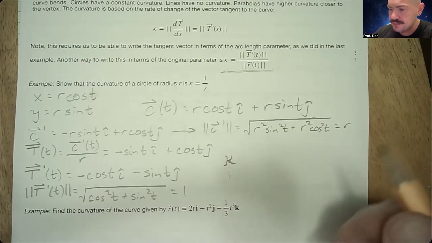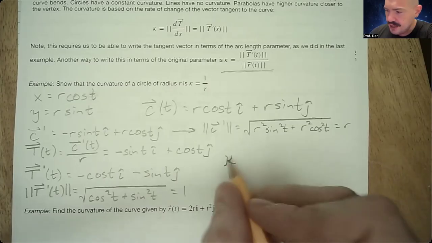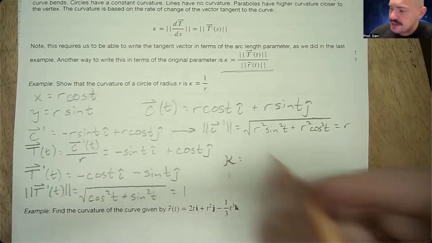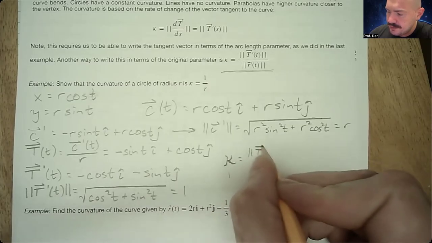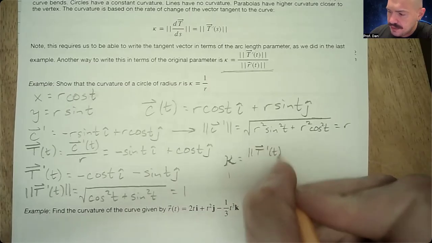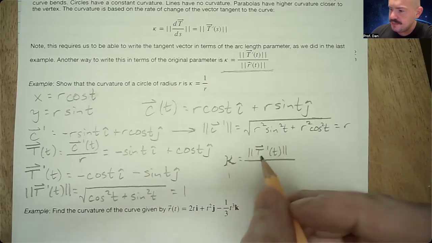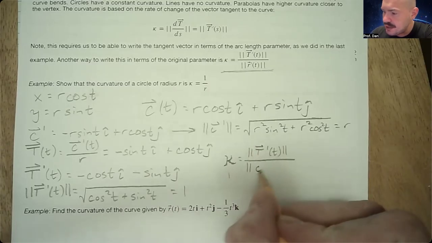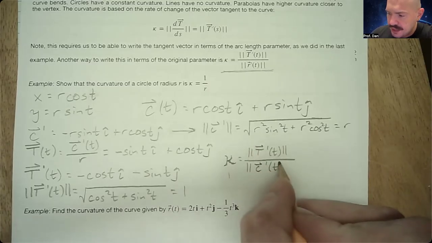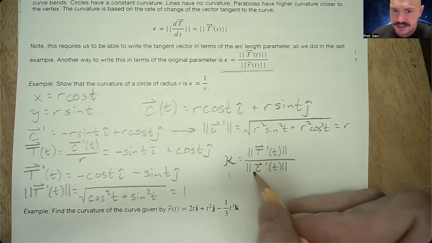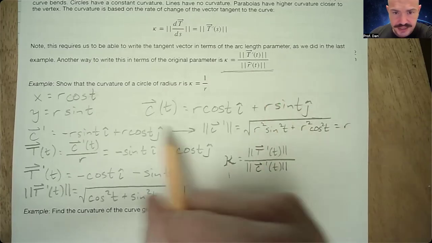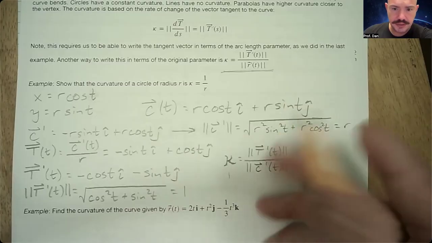Wow, that's so fancy. All right, kappa is going to be the magnitude of T prime as a function of t divided by the magnitude of c prime of t. Notice I used c instead of r because that's what I named the original function.